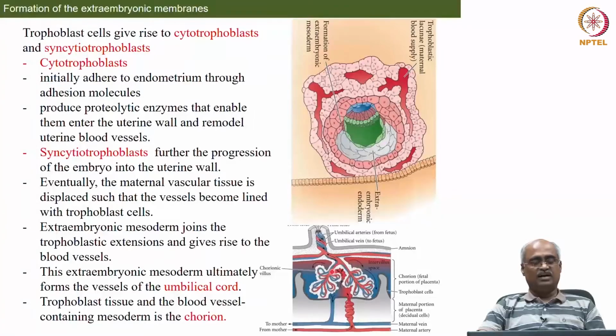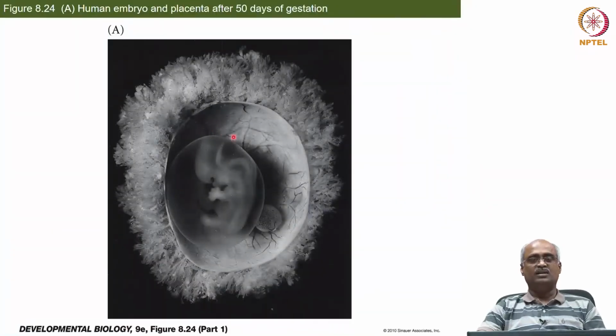And this is quite clear if you see in this actual photograph of an embryo. So this is the amniotic sac, inside which you see the embryo, and this is the trophoblast cover, and this is the chorionic villi.